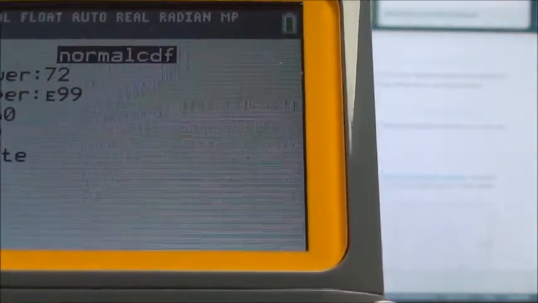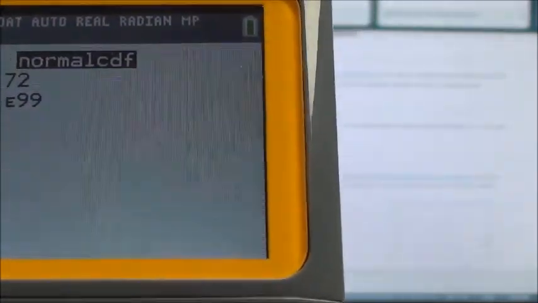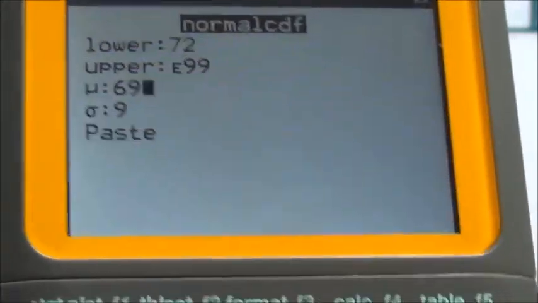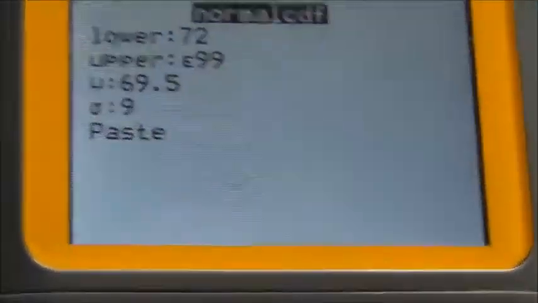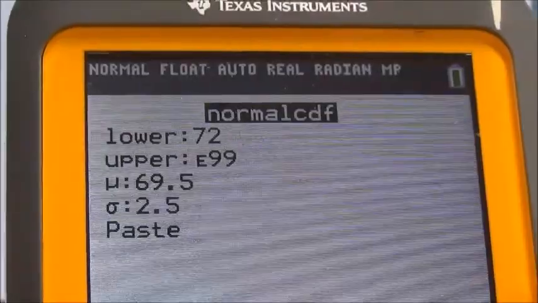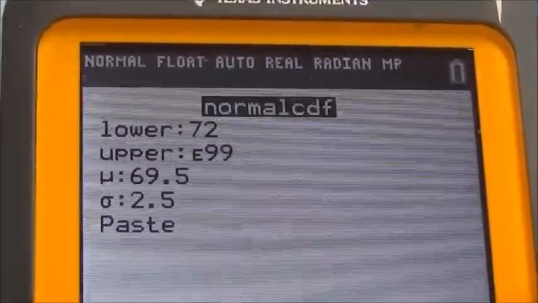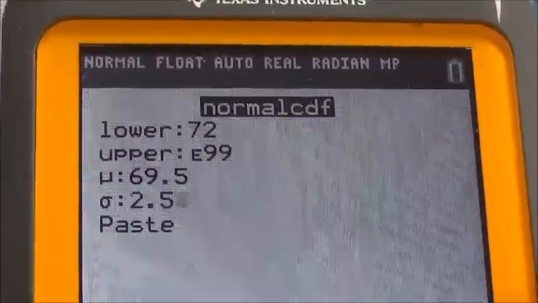The mean on this one is 69.5. So I'm going to change my mean here to 69.5. My standard deviation was 2.5 inches. So I have the lower at 72. I'm going 72 and above. So my upper is E99.